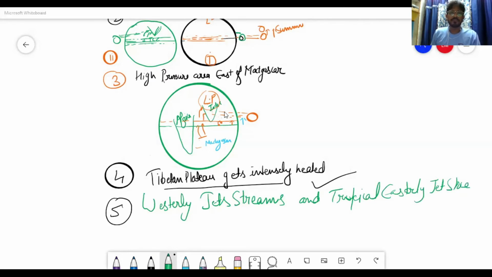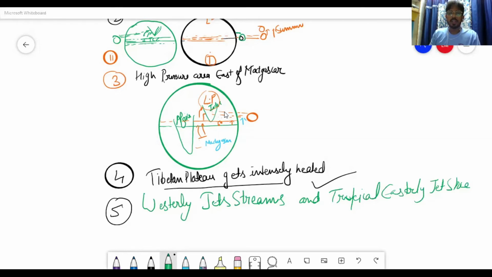See, in the month of June, what happens? Low pressure generates over here, right? And it will attract winds which are coming from the southern hemisphere.